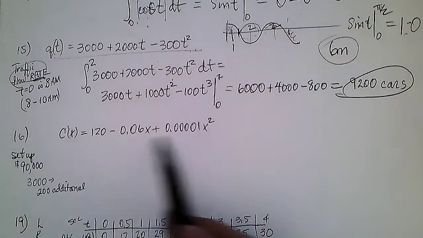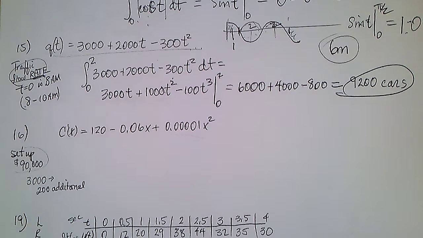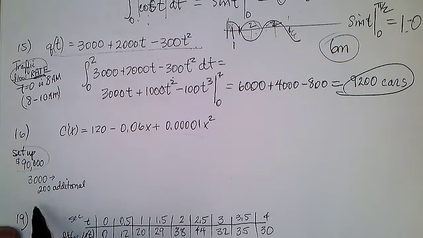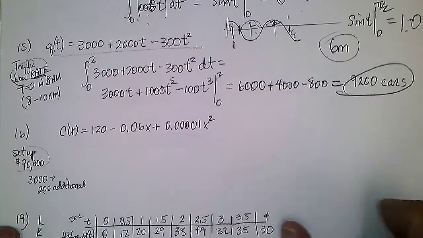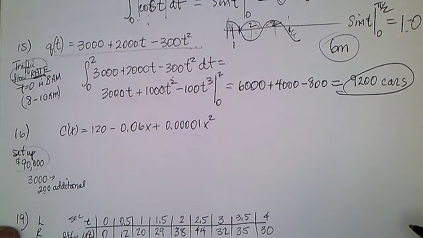If this is the marginal cost and it costs 90,000 to set up, then the integral of this from 3,000 to 3,200, the area under it, is how much it costs for the increase in costs.